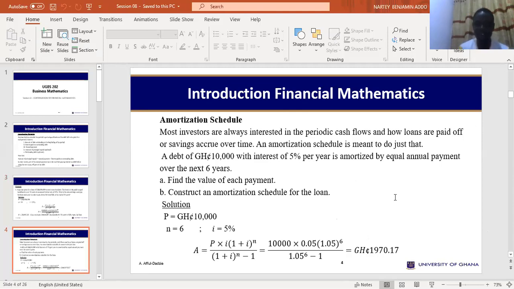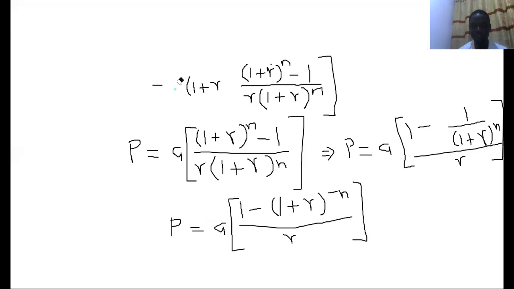We say that a debt of 10,000 with interest of 5% per year is amortized by equal annual payment over the next 6 years. So find the value of each payment and then construct an amortization schedule. Okay, so let's see how this can be. The principal amount is 10,000 and the rate of interest is 5% per annum, and the duration of payment is 6 years.